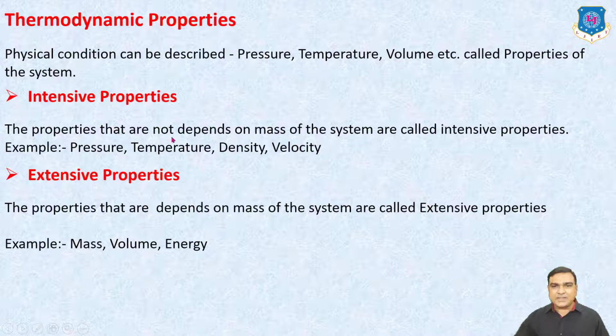The properties that do not depend on the mass of the system are called intensive properties, for example pressure, temperature, density, velocity. And extensive properties are the properties that depend on the mass of the system, for example mass, volume, and energy.